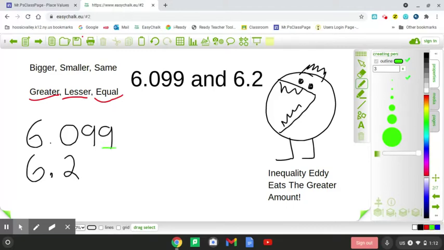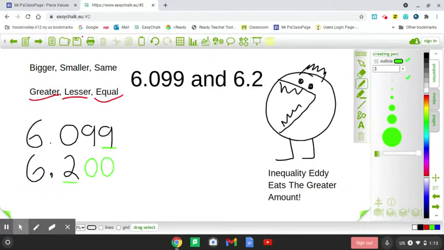This one has thousandths and this one ends at tenths. So to investigate same-size parts, we are going to make an equivalent decimal by adding two zeros. We go from 6 and 2/10 to 6 and 200 thousandths. Same value, different size parts. We just decomposed or broke apart the 2/10 into 200 thousandths so that we have the same parts.